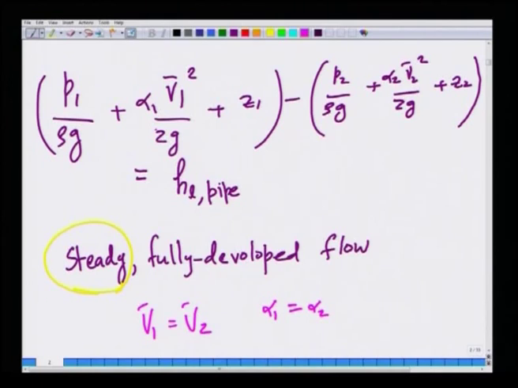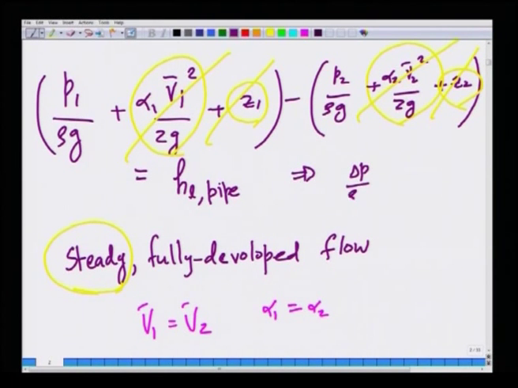So, these two terms will cancel each other out, and since the pipe is oriented horizontally, Z1 is also equal to Z2, leaving us with this simple expression, delta P by rho g is HL pipe, where delta P is nothing but P1 minus P2. This is our convention. The pressure at the entry minus the pressure at the exit is the pressure difference across the pipe.